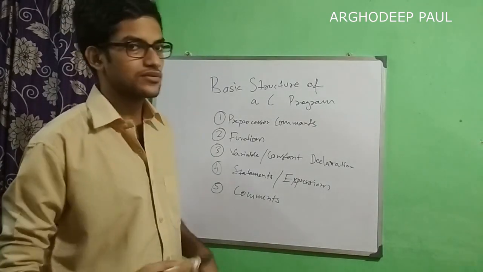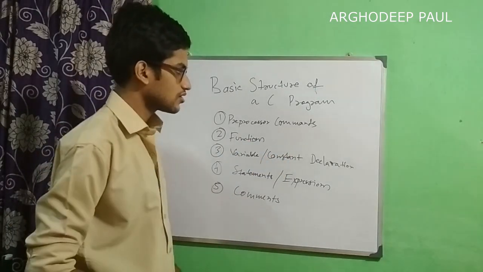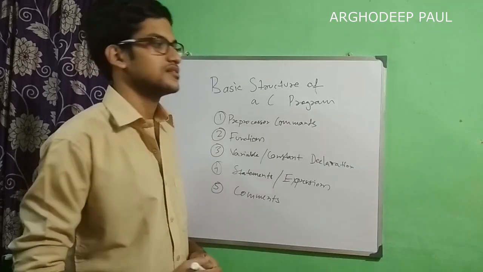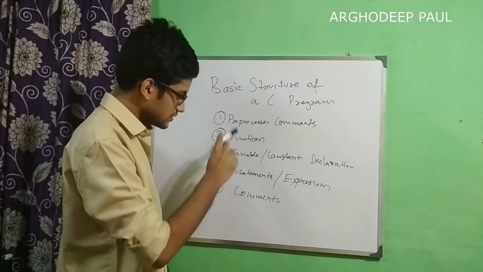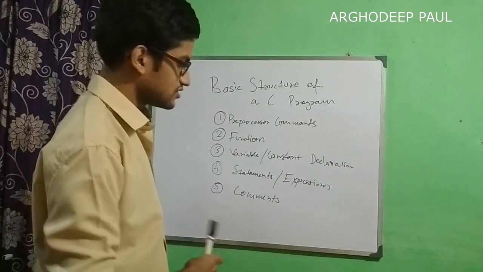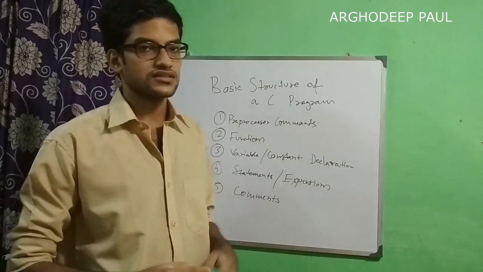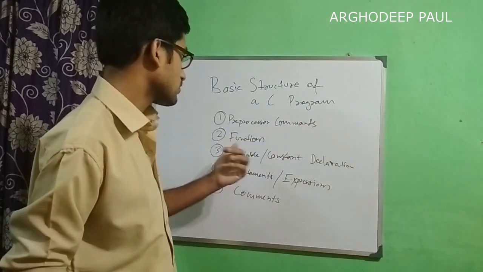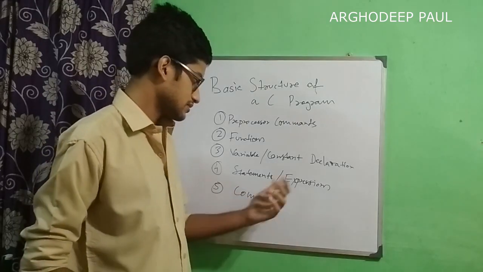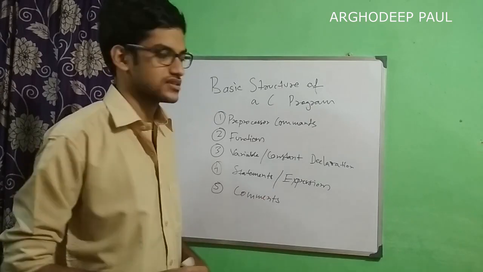Any C program will have at least these 5 elements. The preprocessor commands, these are the hash include statements. All of these elements are actually instructions, because statements are nothing but instructions. So preprocessor commands, functions, variable, constant, declaration, statement, and expression, comments, all of these elements are instructions.